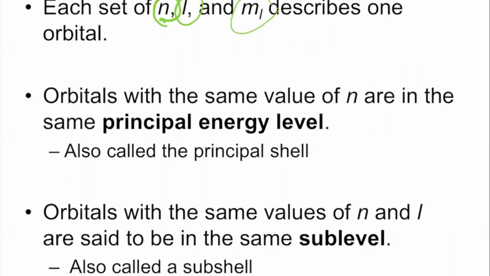Orbitals with the same value of n are in the same principal level, also called principal shells. Orbitals with the same values of n and l are said to be in the same sublevel. So it's just the terminology. Maybe this chart explains what I'm talking about.